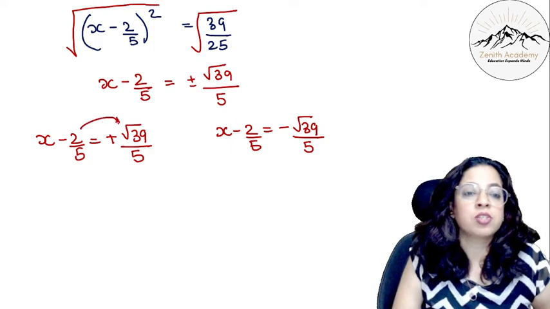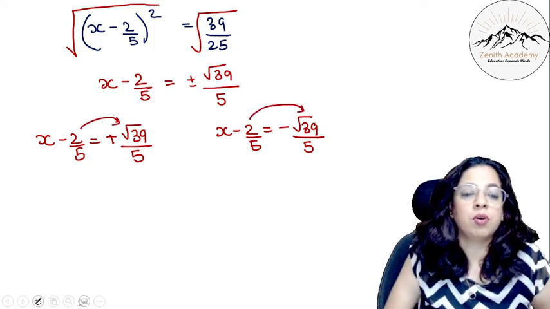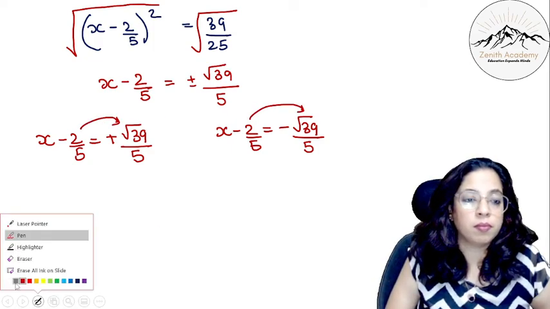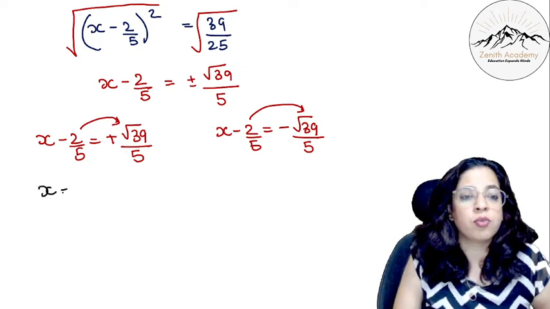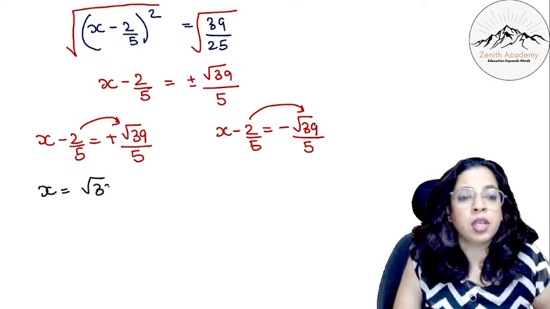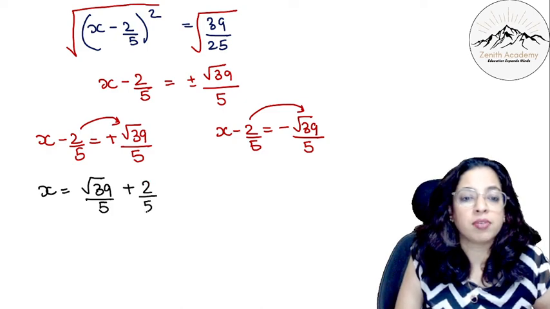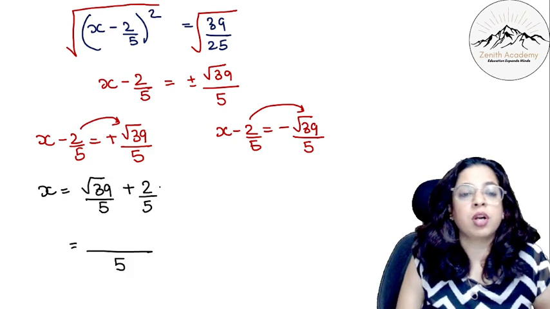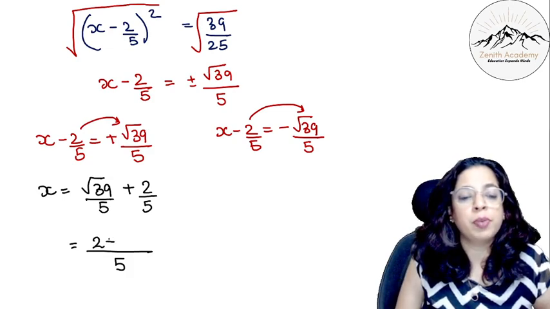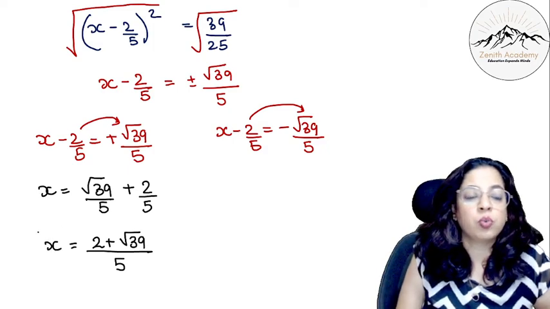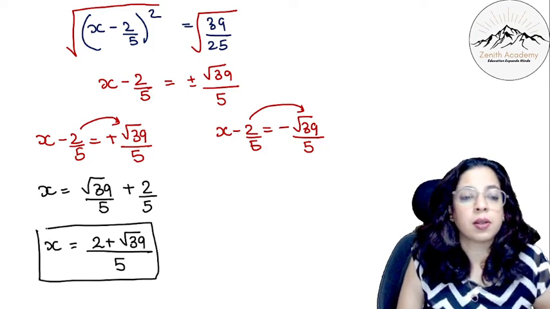Correct? Now take this on the other side. So we have got x is equal to root 39 by 5 plus 2 by 5. So 5 is the common denominator. So this can be root 39 plus 2 or 2 plus root 39. Both are same. So this is one of the values of x.